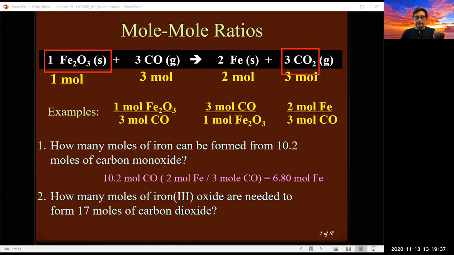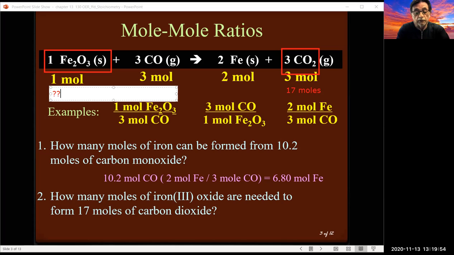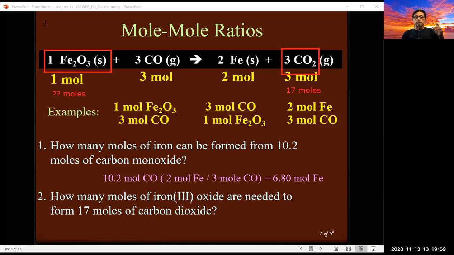And so the way it's saying here, I would need to make 17 moles of carbon dioxide. The question is, well, that being the case, how many moles of iron(III) oxide do I need to make 17 moles of carbon dioxide? And so again, we can use the mole ratio of 3 carbon dioxides per 1 iron(III) oxide.